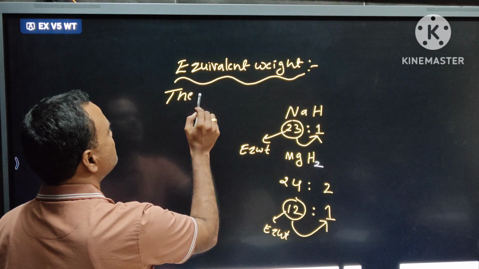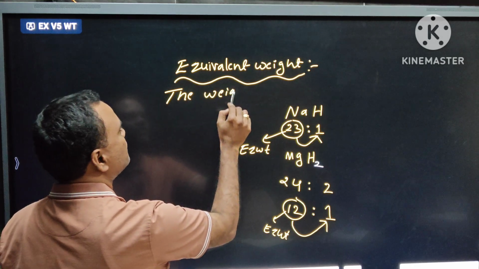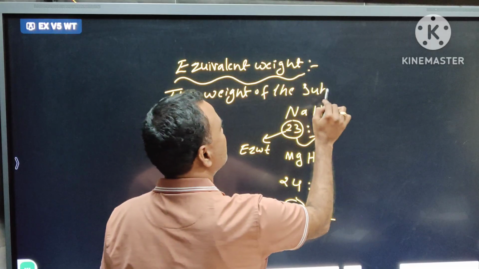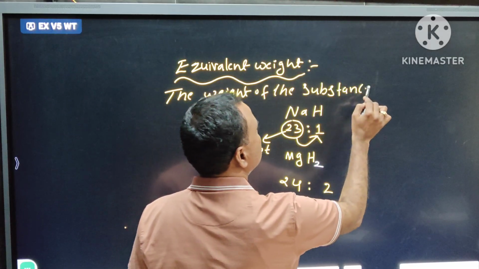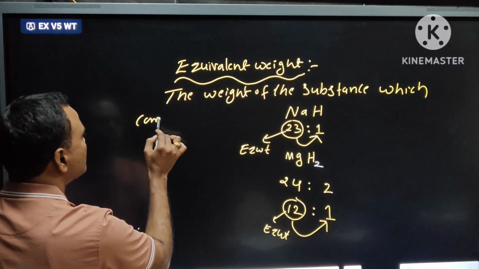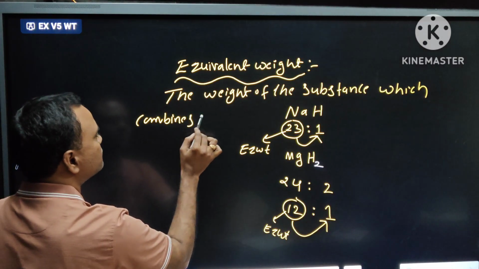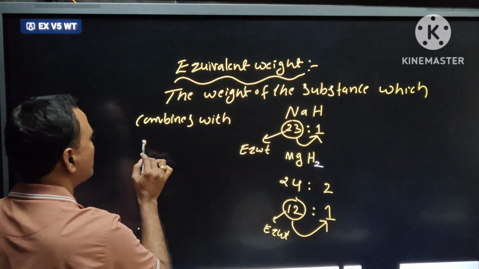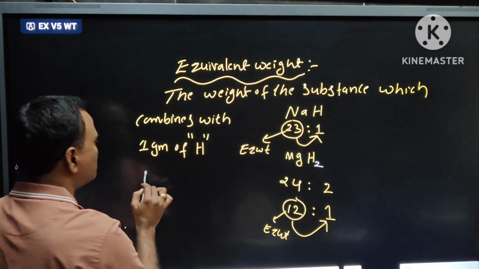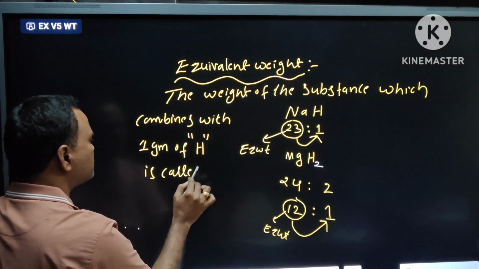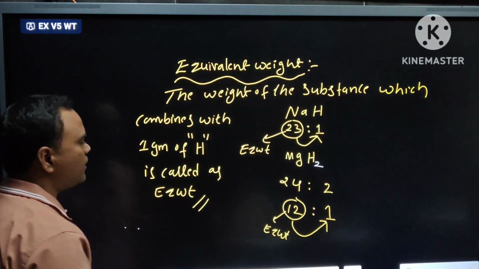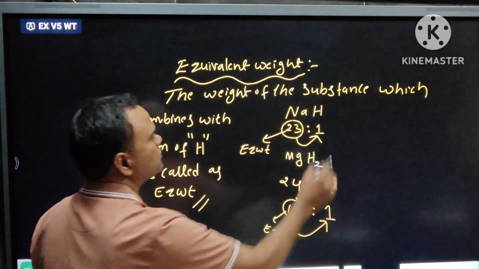The weight of the substance which combines with 1 gram of hydrogen is called equivalent weight.